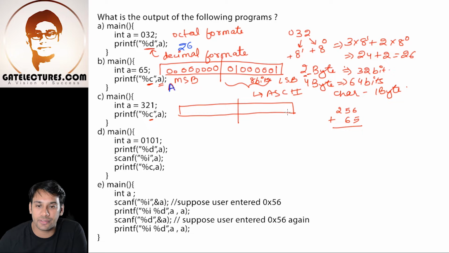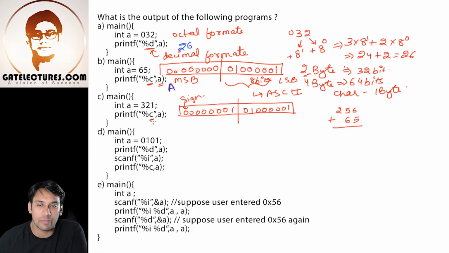So it can be written as 100000010000000, and this is the sign bit. As it is a positive number, the sign bit is 0, right?